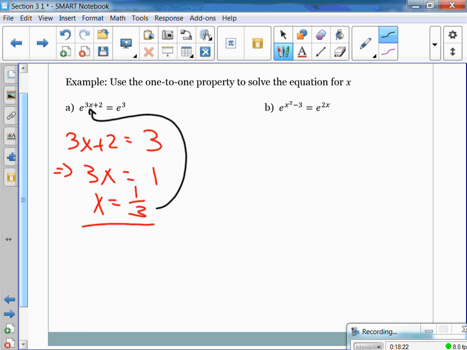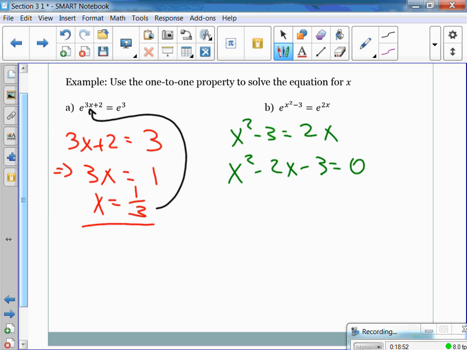Over here in part B, again, we set the powers equal: x squared minus 3 equals 2x. I have an x squared, I have an x, so it's definitely something we want to set equal to 0 and factor. And then we get this impossible factor, so we break out the quadratic formula, right?